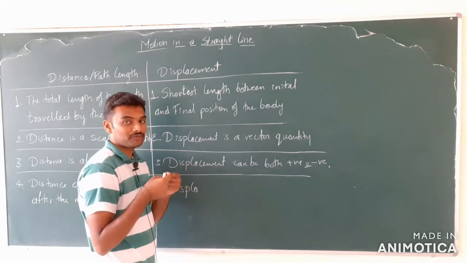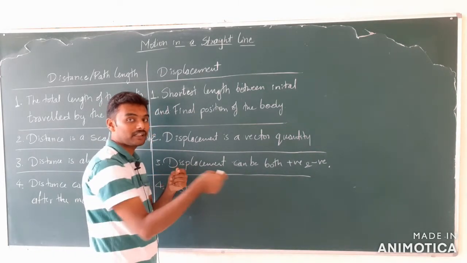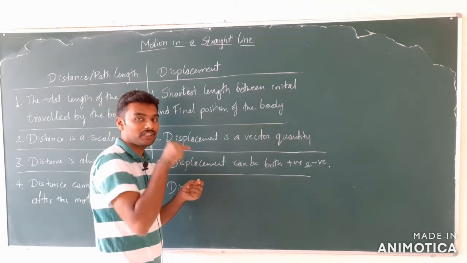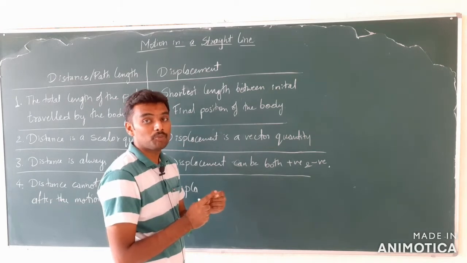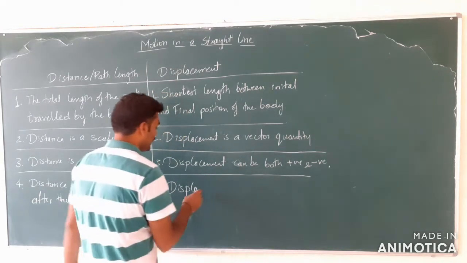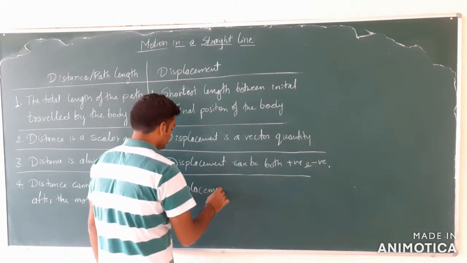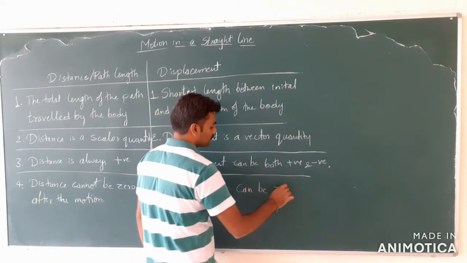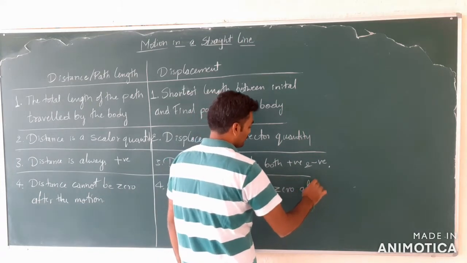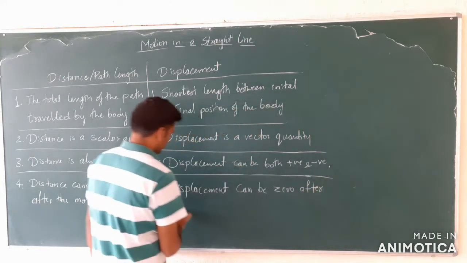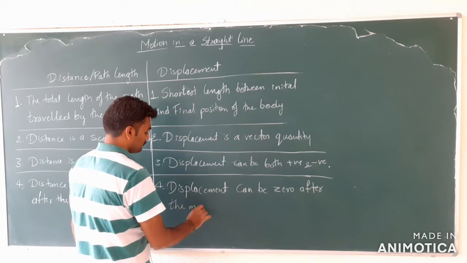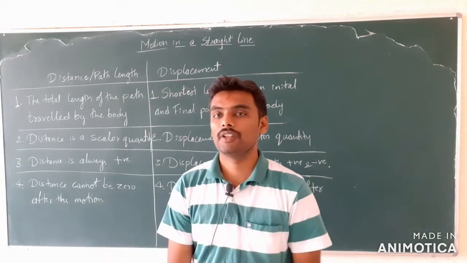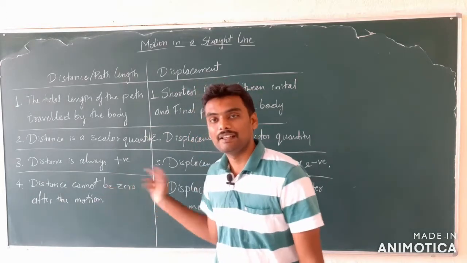Because if the body starts from a point, goes a certain distance and comes back to the same point, then the displacement is zero, because the initial point and the final point both are the same. So displacement can be zero after the motion. Okay, these are the differences between distance and displacement.